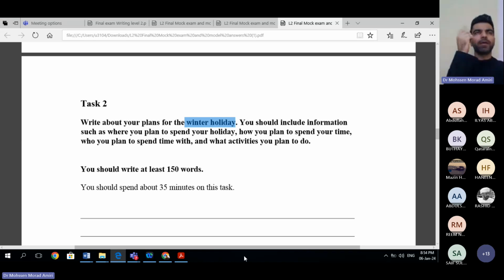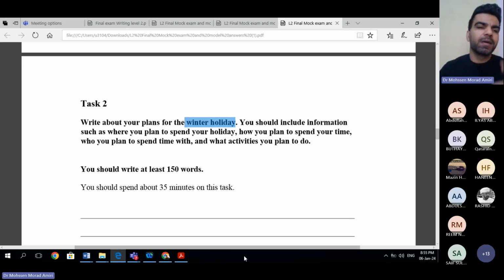Maybe you don't have any plans, but as I said, you need to make a story. You should cook stories, but simple ones, something that you know how to write. Don't write something which is so difficult to explain.